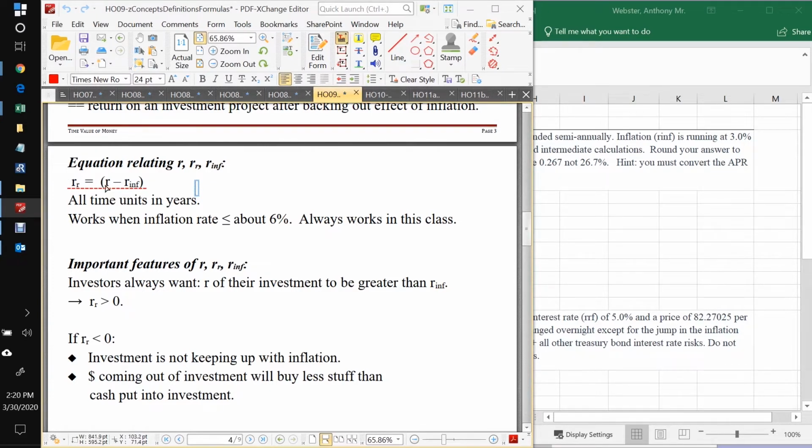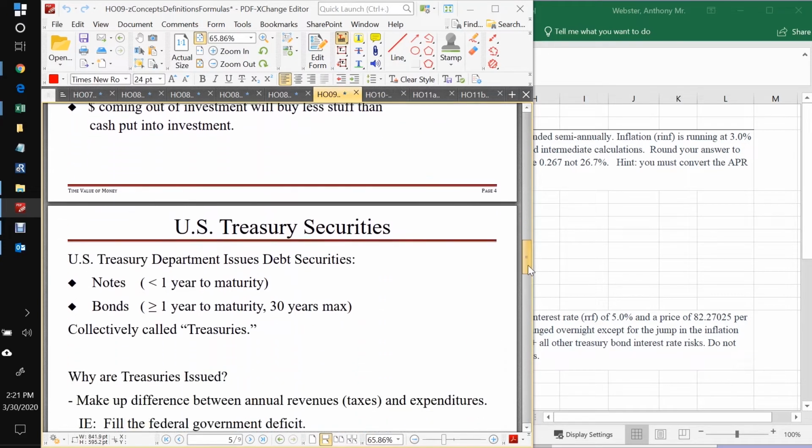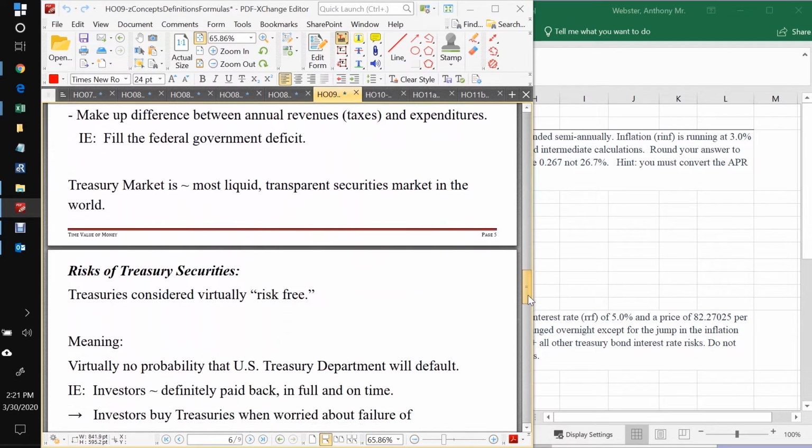This is the R that we know and love that we have been using all along, and our rate of inflation here and our real rate, which, as you can see, the real rate of your investment is your nominal rate minus what's eaten away by inflation. So we do want to keep this in mind and know how to use this. And so that's the number one important takeaway from this chapter.